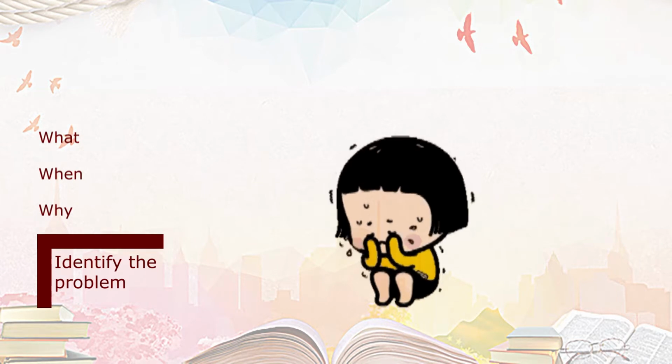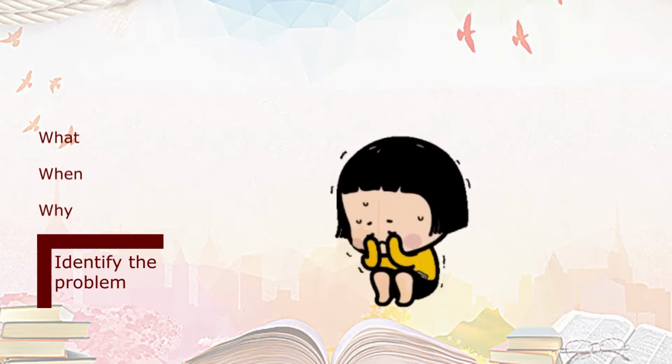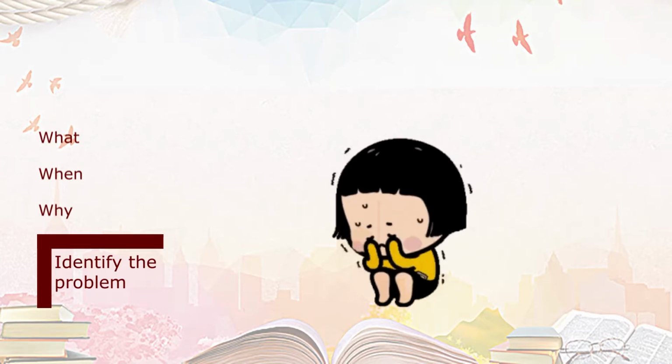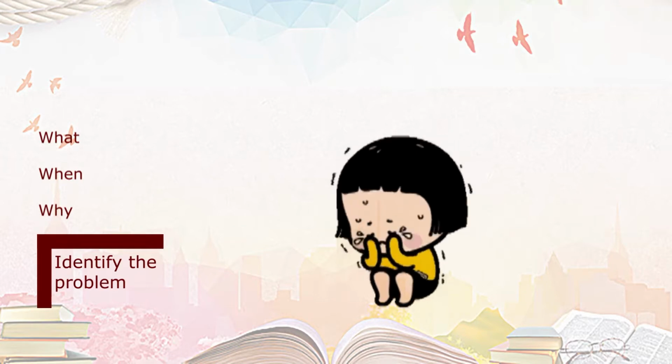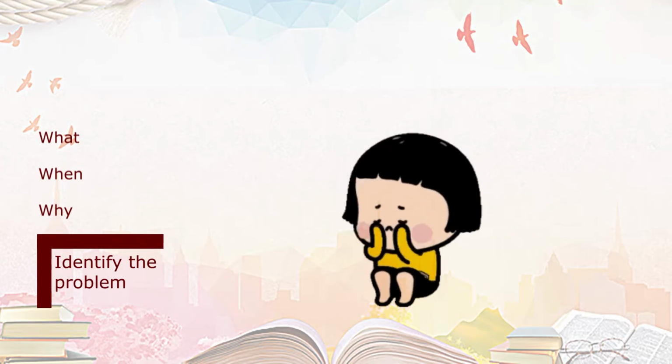Identification of a problem involves the what, when, and why of that situation or task. For example, in a situation where Niveta cries saying, "Jason hit me," the problem here is not the hitting. Instead, it is the why of the hitting. Only when the reason for hitting is known, the problem gets identified.